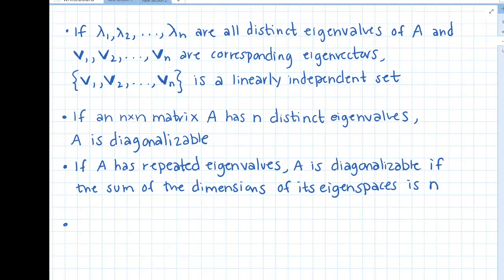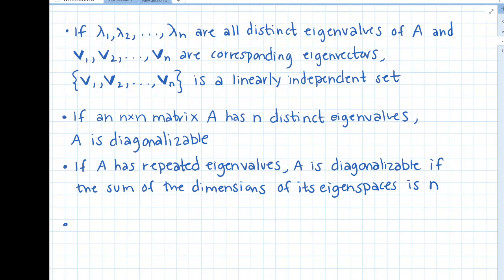And so that's going to give you a basis for Rn. That in and of itself isn't that surprising. Anytime you have n linearly independent vectors in Rn, it's a basis for Rn. But that has a nice name. It's called the eigenbasis, I believe. Actually, I didn't write that down, and now I'm doubting myself. It's either called an eigenbasis or an eigenvector basis. Let's say eigenvector basis. Let me just write that down.